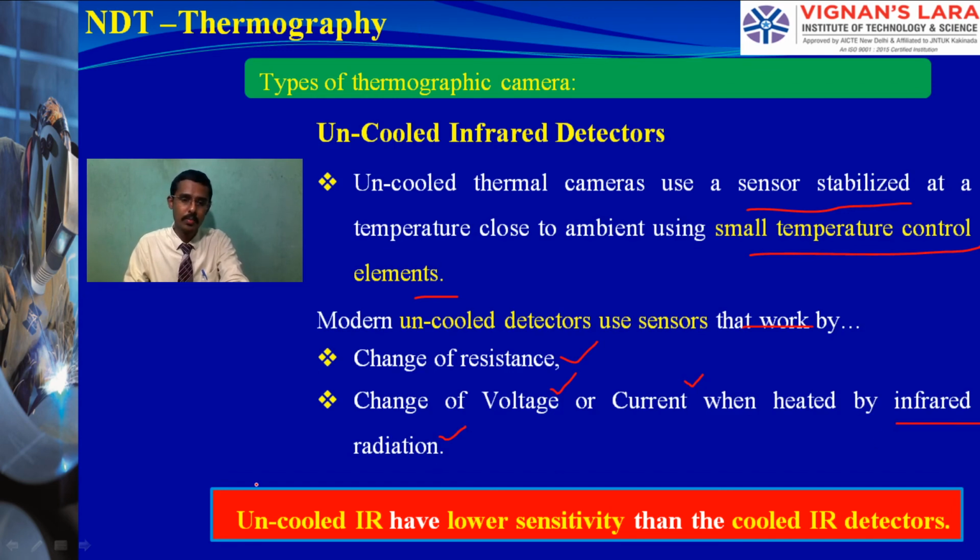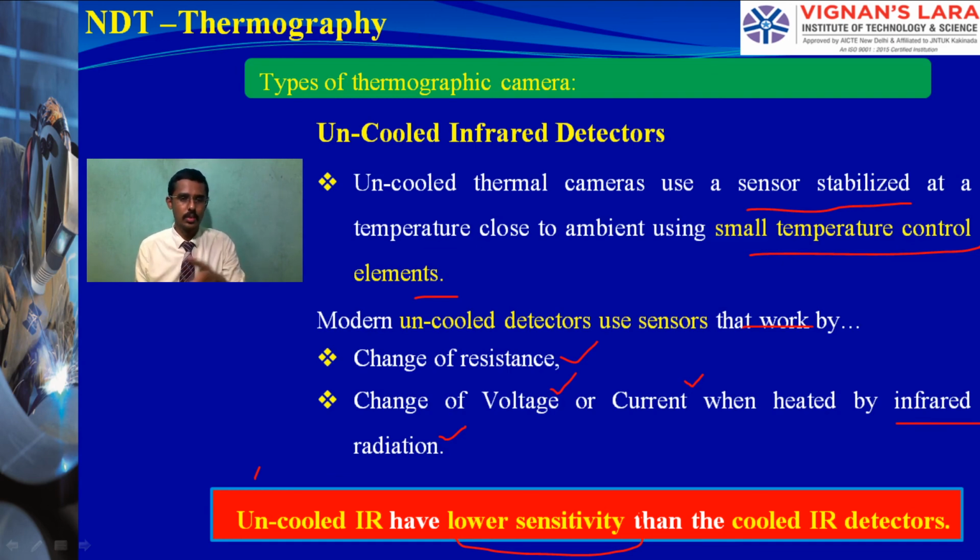You see some important point here. Uncooled infrared detectors have lower sensitivity than cooled infrared detectors, because the cooled infrared detector is approximately perfectly calibrated and stabilized. Here we are not using any cooling systems. If the camera is lightly heated while subjected to infrared radiation, it may give you wrong results.